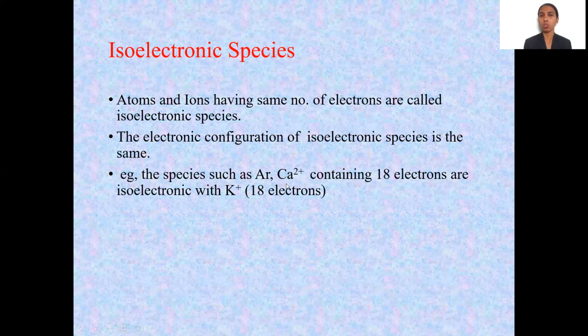Now calcium actually has atomic number 20, but here calcium ion, Ca2+, is given. How can we form Ca2+? By loss of 2 electrons. Which means if calcium loses 2 electrons, it will form the calcium ion, Ca2+.